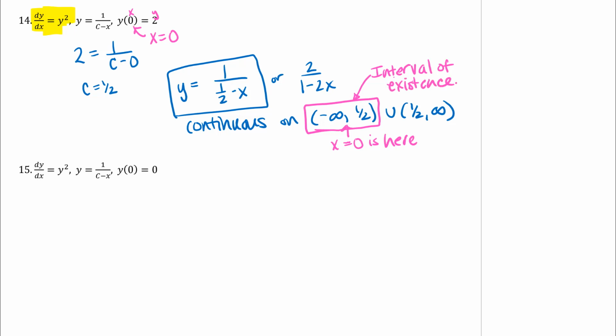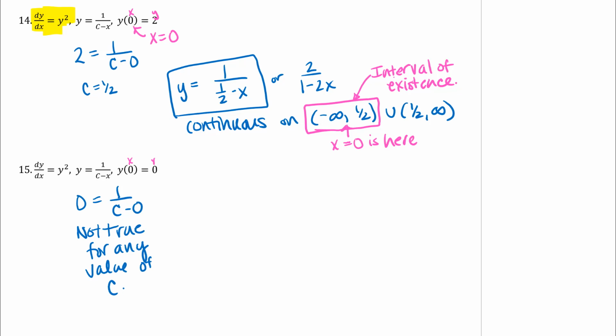All right, so let's look at this next one. Notice it's the same differential equation and we've got the same general solution given and we've got an initial condition here. So we're going to start by just doing the same thing we did before. We're going to put in x equals 0 and y equals 0. But on this one, something strange happens. So this is not true for any value of c.